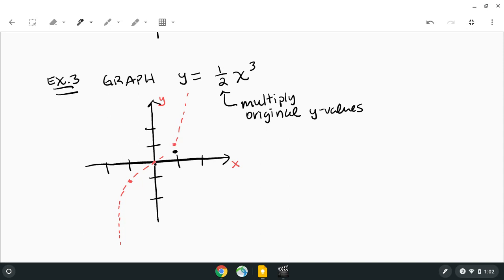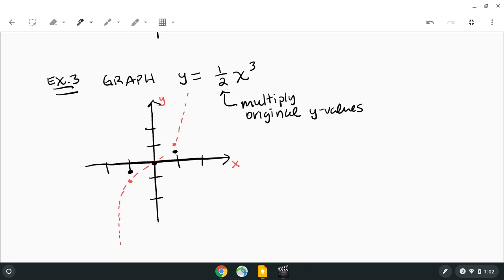This one, the y value is 0. 0 times 1/2 is still 0. And over here, this y value is -1. So when we multiply -1 times 1/2, we end up with -1/2. So that's where it is.